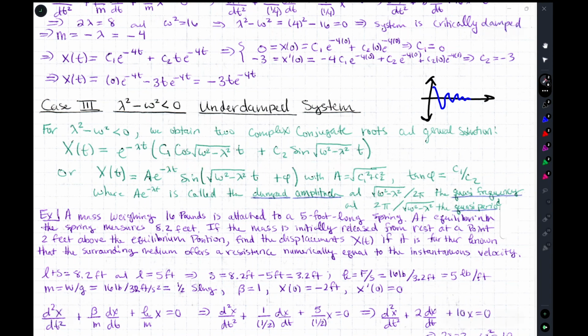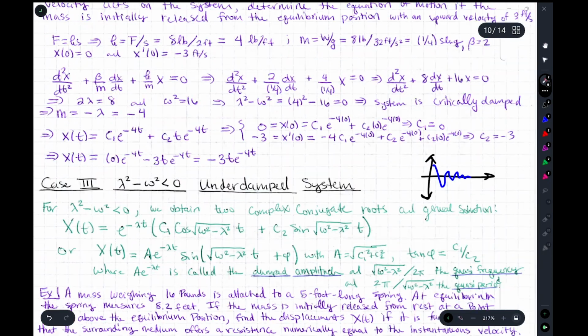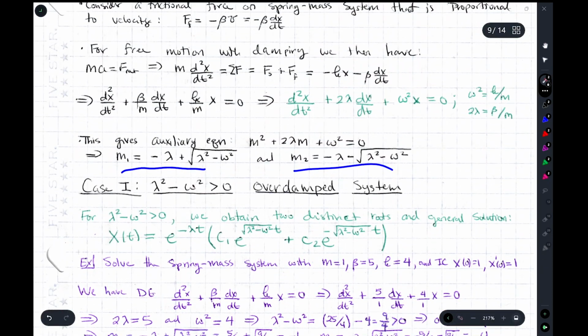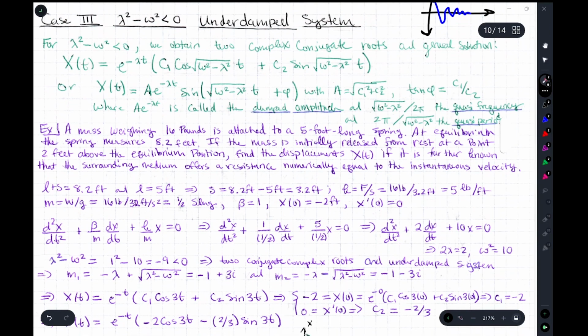Okay, so the cosine and sine deal with that problem of having complex conjugate roots. And now we just flip them around so that we don't get any negative number in the square root, because we've already taken into consideration that we are getting a negative number in the square root of these terms here. Okay, so we just flip them around. Notice that in the solution that we flip these around.